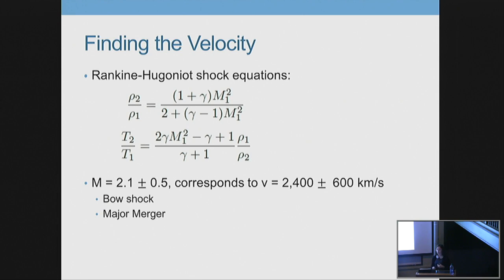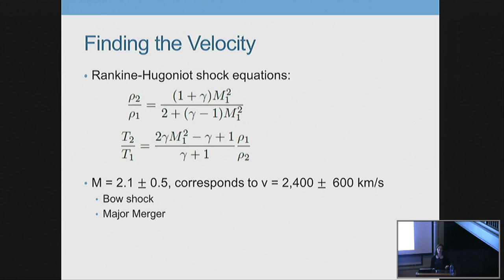And so using the Rankine-Hugoniot shock equations, I was able to find that the bulk velocity of our cluster has a Mach number of 2.1. And so this corresponds to a velocity of 2,400 kilometers per second within the plasma of our cluster.